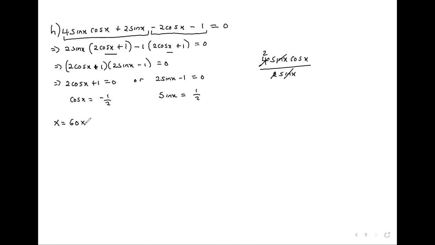You go for where cos is negative, so the 60 in the second quadrant, which is 120, and the 60 in the third quadrant, which is 240. Then for sin, you get 30 in the first quadrant, and then 150 in the second quadrant. And this is not the solution. This is part of the working.